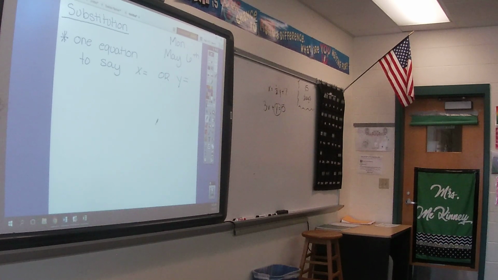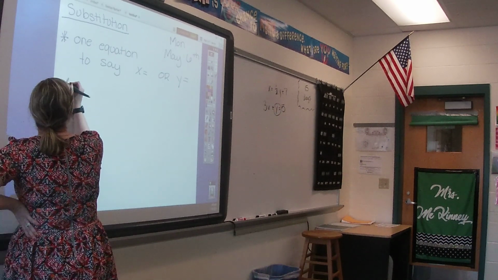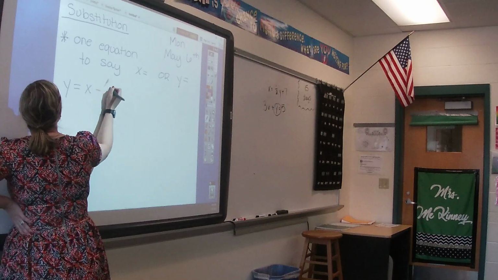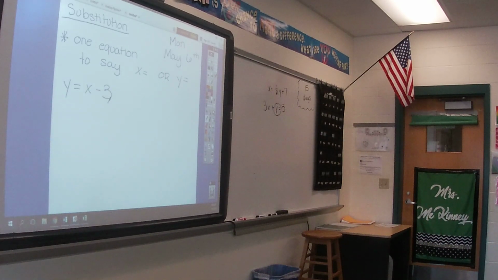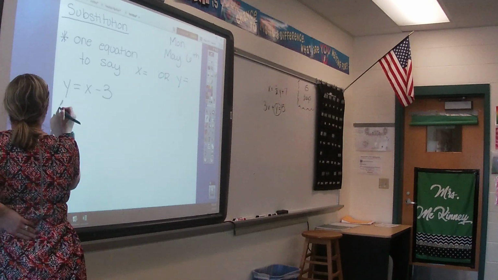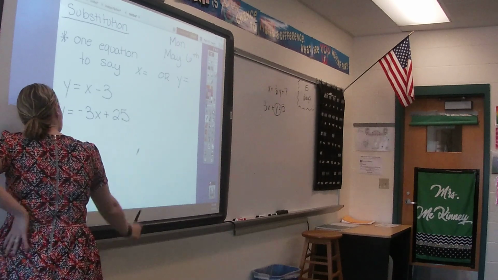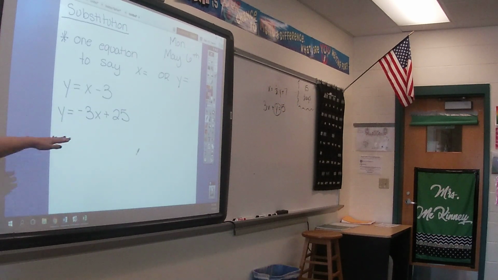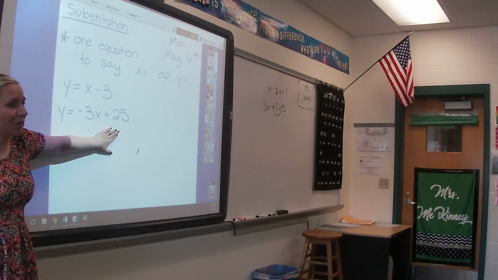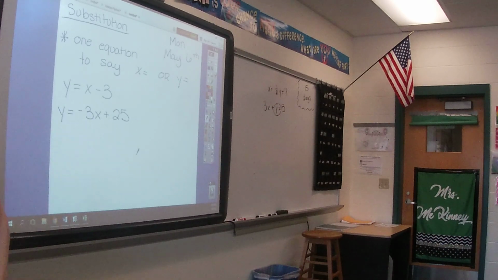Okay, so let's say we are given y equals x minus 3 and y equals negative 3x plus 25. This would still need a pretty big graph, but it's not completely ridiculous.